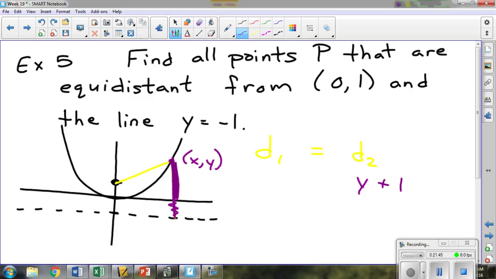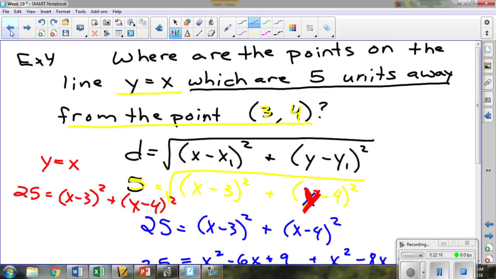On the other side, we need the distance located here, which we would get by employing the distance formula. This is the distance from the point (x, y) to (0, 1). At this stage, creating the D1 is pretty much the same thing that we did here.